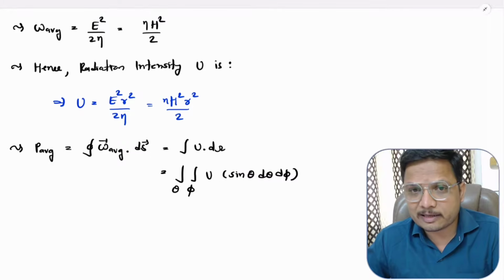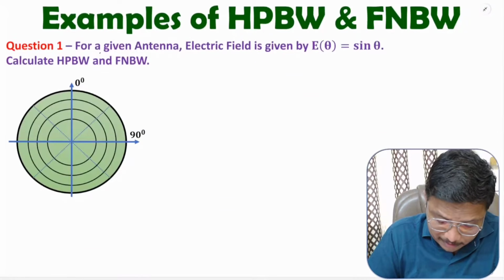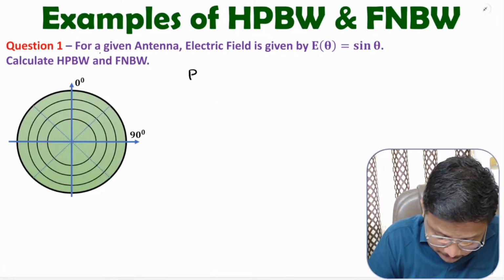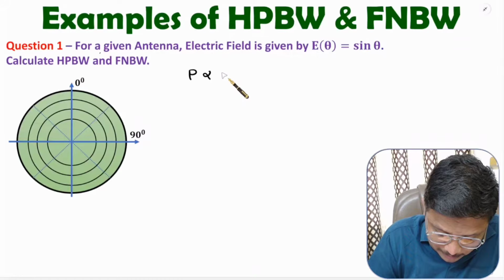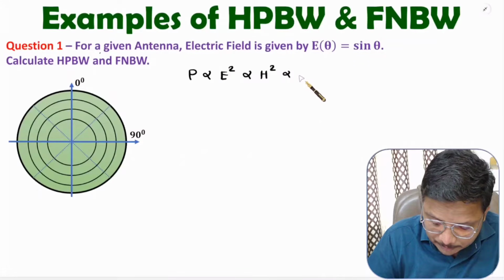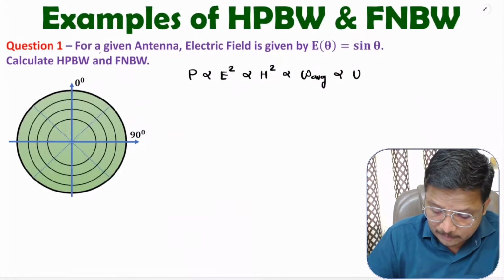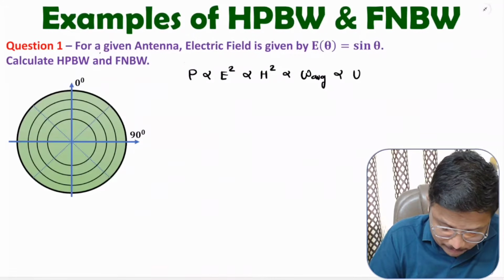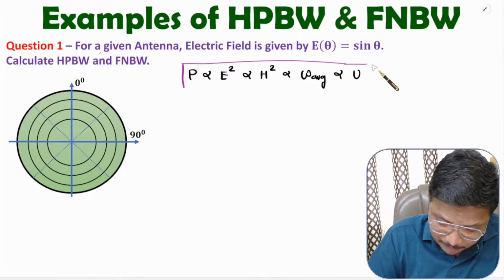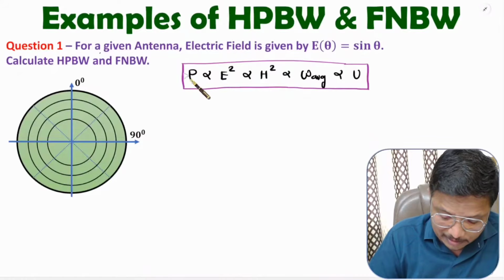Let me note down that relation. Power with the antenna is proportional to electric field square, which is also proportional to magnetic field square, average power density, and radiation intensity. Based on this relation, one can identify half power beamwidth and first null beamwidth, right?